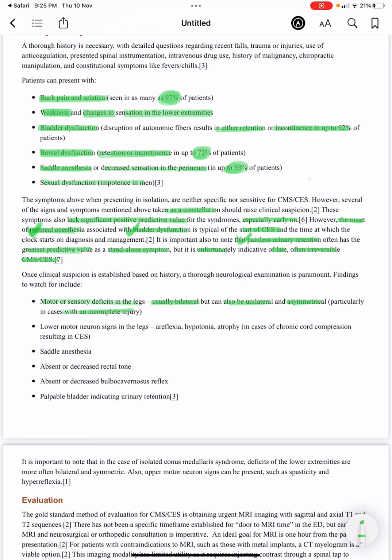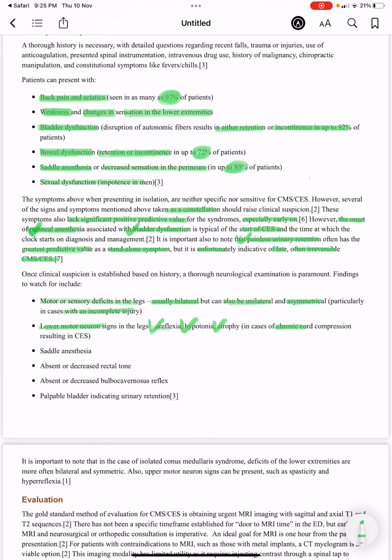Lower motor neuron signs will be there: areflexia, hypotonia, and atrophy in cases of chronic cord compression. Saddle anesthesia will be there. Rectal tone will be absent or decreased on examination. Bulbocavernous reflex will be absent or decreased. A palpable bladder indicates urinary retention.